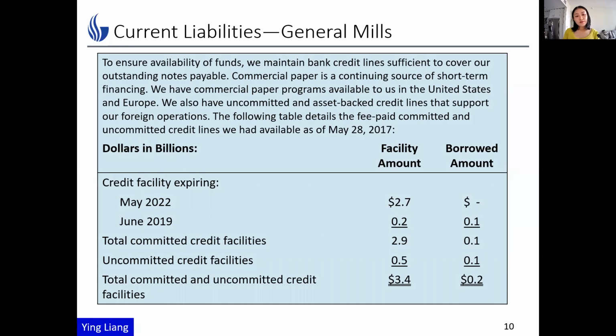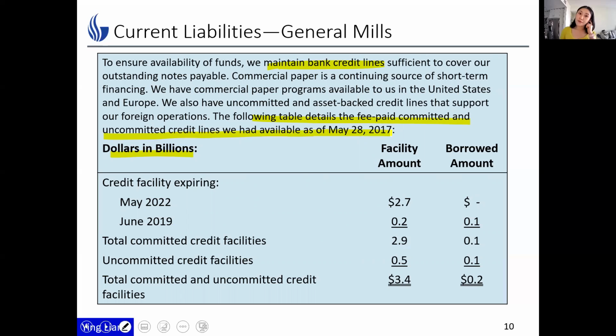Well, to ensure the availability of funds, General Mills also maintains a bank credit line sufficient to cover the outstanding notes payable. So here they listed the dollar amount, right? The following table details the fees paid to committed and uncommitted credit lines they have.